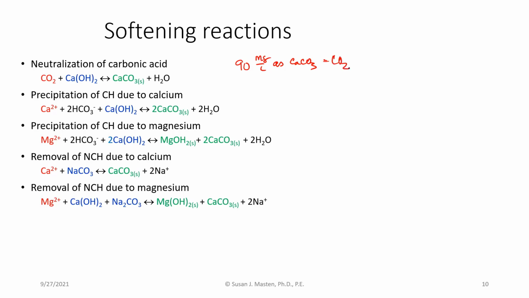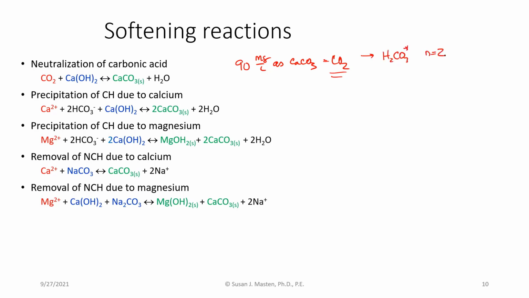Actually, with that high of a concentration, you would typically not neutralize with lime. You would typically use air stripping to remove the CO2 gas, and then neutralize what was left. But for the sake of the problem, we'll assume we're neutralizing all of it with calcium hydroxide, or lime.